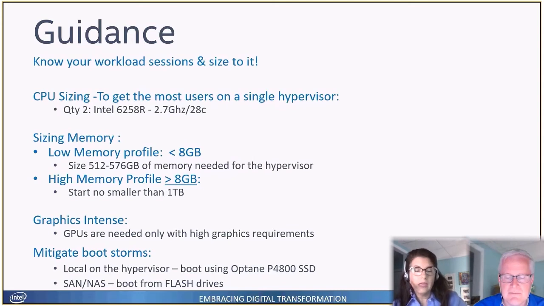Now, the Optane drive that we have, the P4800 drive, the beauty about this drive is it can read and write at the same time. As somebody is trying to write temporary files down at 8 a.m., the other user's trying to load their profile in and pull, it can be done simultaneously.